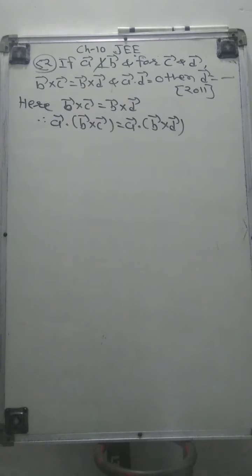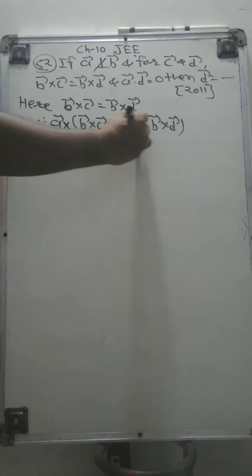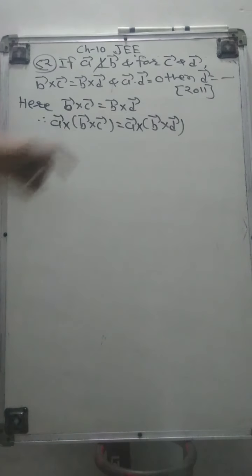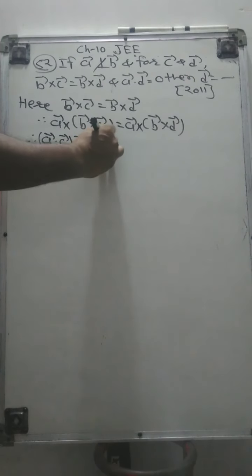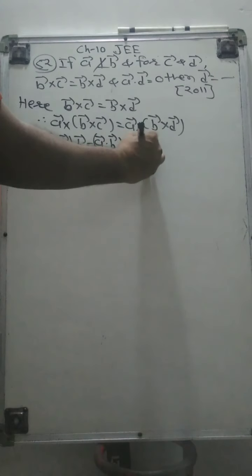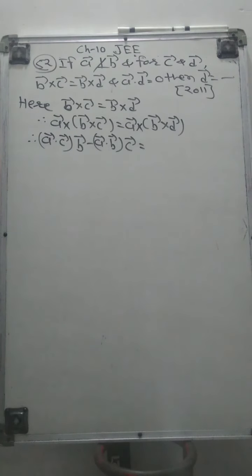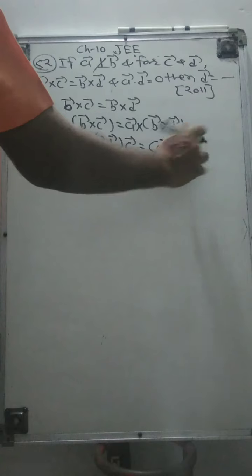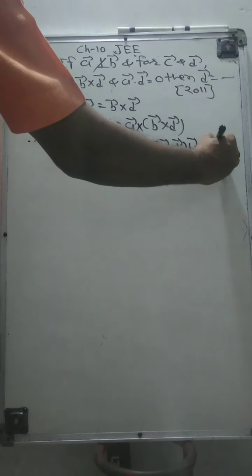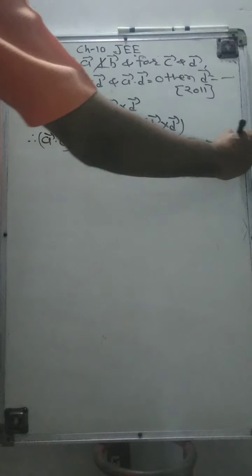Now here we want to take the cross product, not the dot product. Now we apply here the cross product of 3 vectors. So we have a dot b, a dot c into b bar minus a dot b into c bar is equal to a dot d into b bar minus a dot b into d bar.